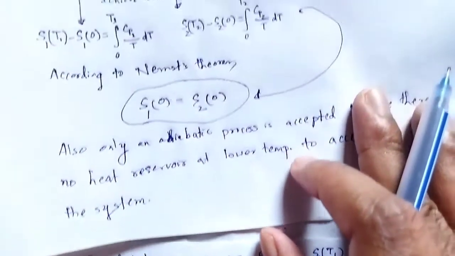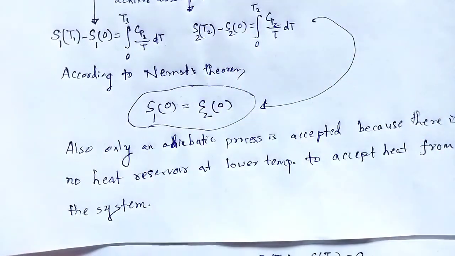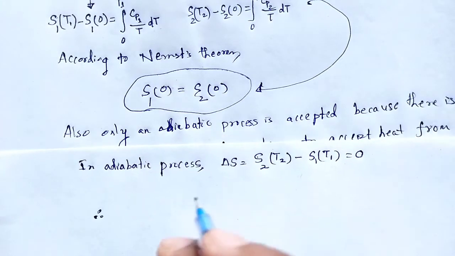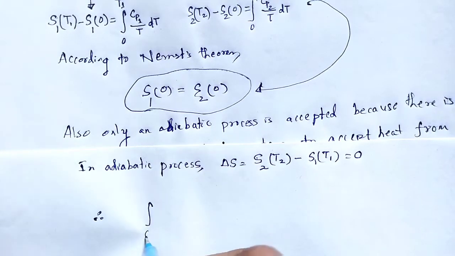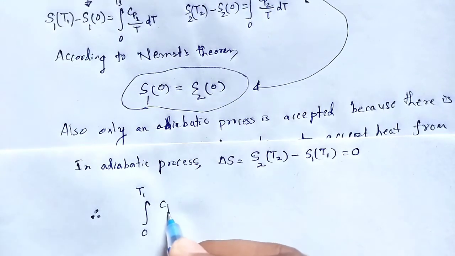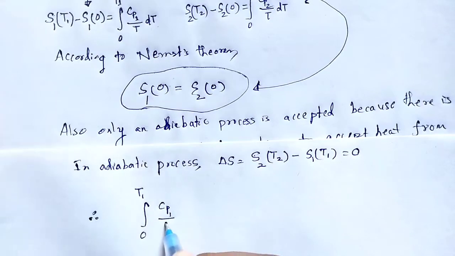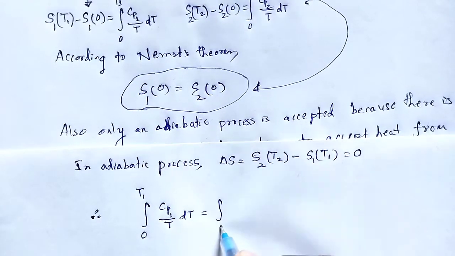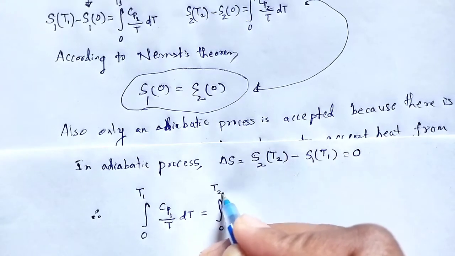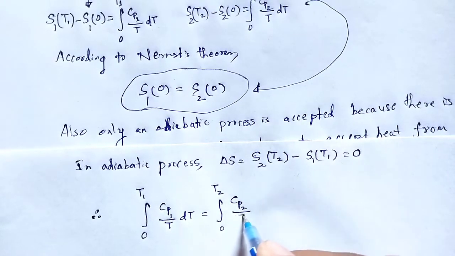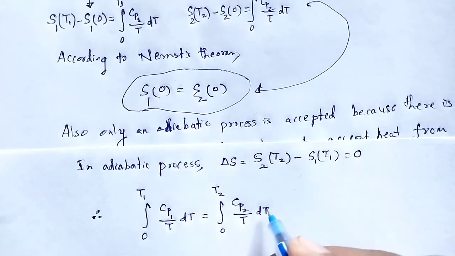So, integration from 0 to T1 of Cp1 by T dT is equal to integration from 0 to T2 of Cp2 by T dT.